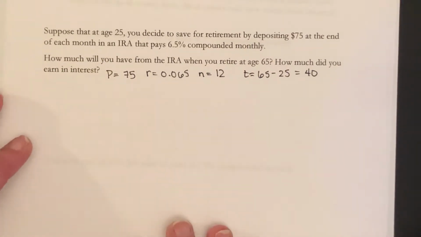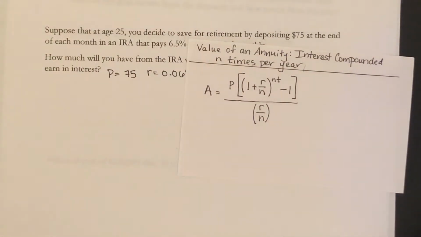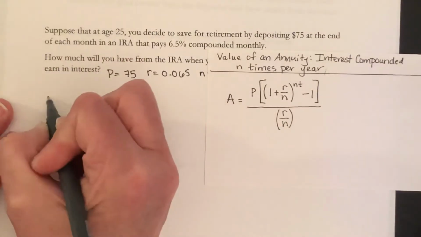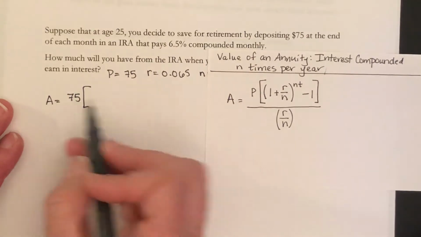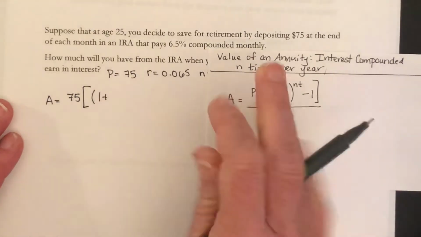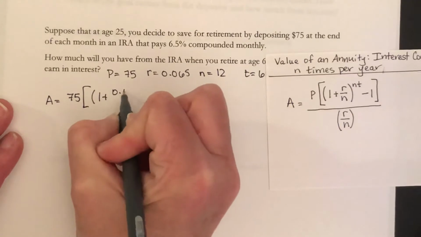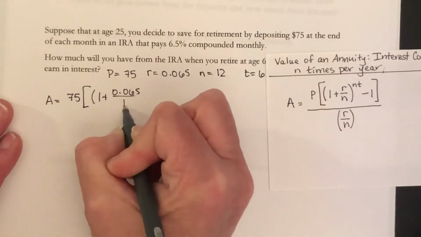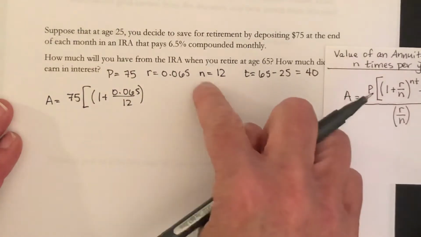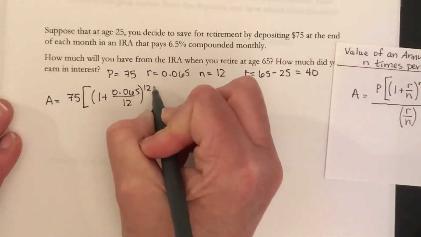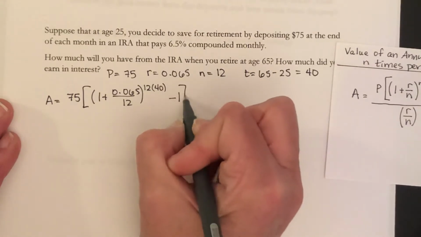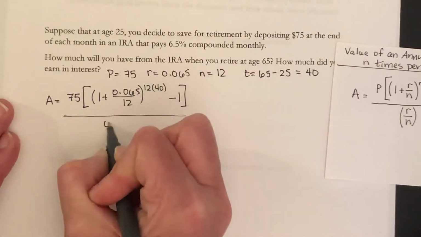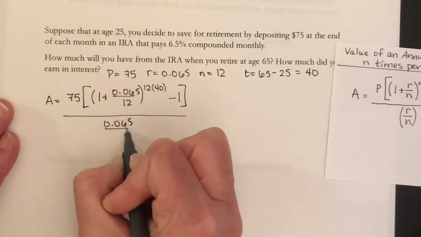Okay. Now take all of this, plug it into our formula. $75 times 1 plus 0.065 over 12 to the NT, so 12 times 40, minus 1, all over 0.065 over 12.